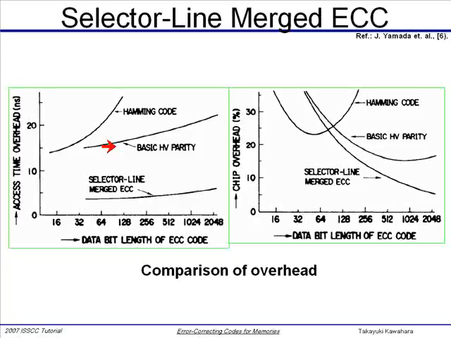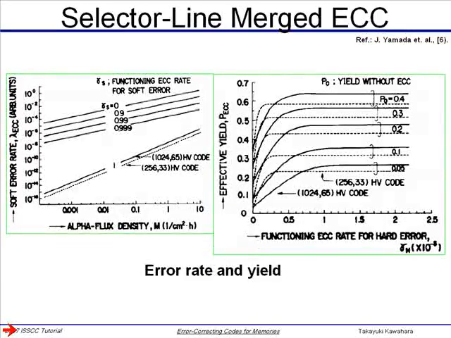How to reduce the overhead and the time overhead is a big challenge. Also, the access time overhead is reduced to one third, and the chip overhead is also down to one third.